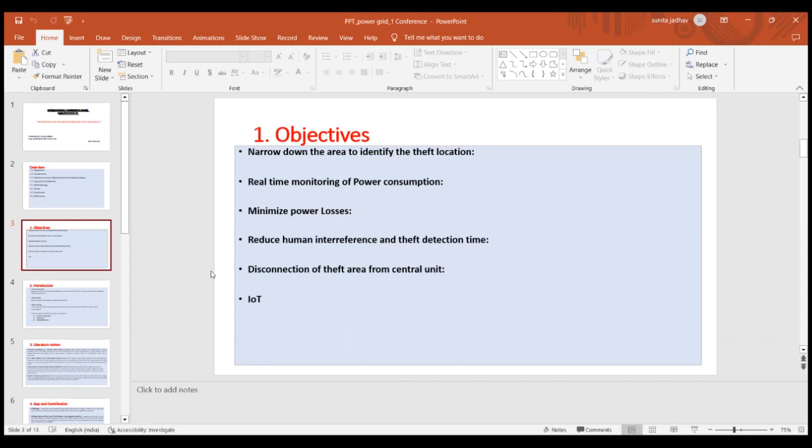This proposed system narrows down the area to identify the theft location. As the proposed system is IoT based, the continuous power consumption is monitored at the central unit. Ultimately, theft detection time and human interference are reduced, and the power losses are minimized. We also implemented a system to disconnect the theft area from the central unit at a single click.